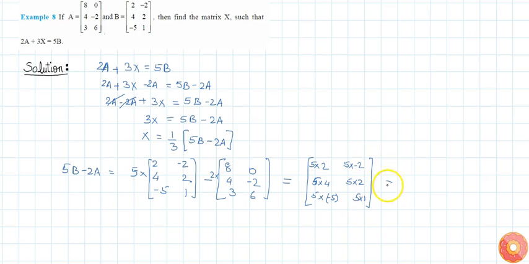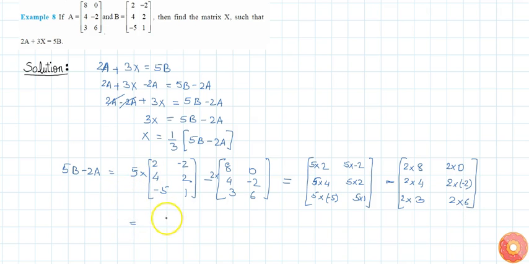From this matrix we need to subtract 2 into 8, 2 into 0, 2 into 4, 2 into minus 2, 2 into 3, and 2 into 6.